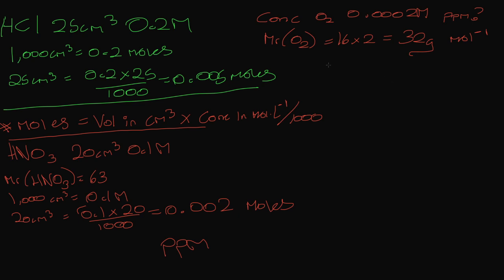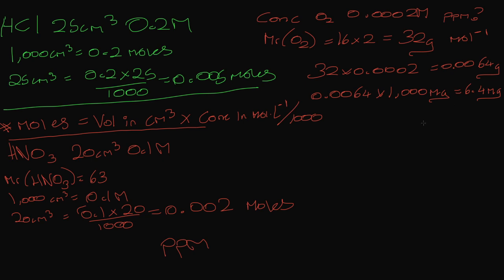So that would mean we'd have 32 multiplied by 0.0002, which is equal to 0.0064 grams, okay? Then we convert that to milligrams, so 0.0064 multiplied by 1000 mg is equal to 6.4 milligrams.